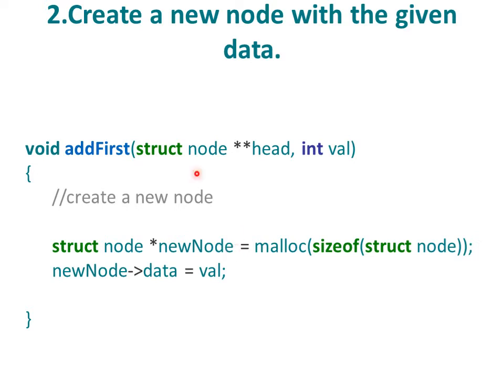This is dynamic, therefore I am using malloc: struct node new node equals malloc size of struct node. Then for new node I am assigning data equals value, which is the value I want to insert. The arrow mark can be used during runtime.